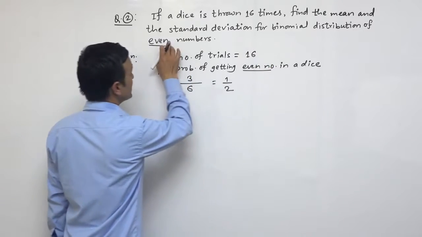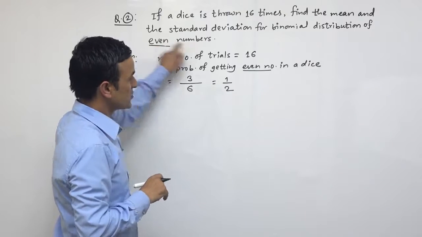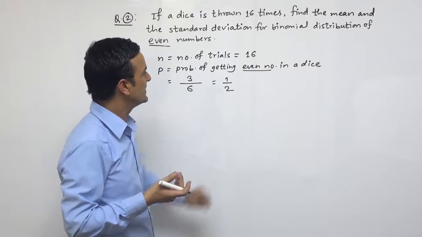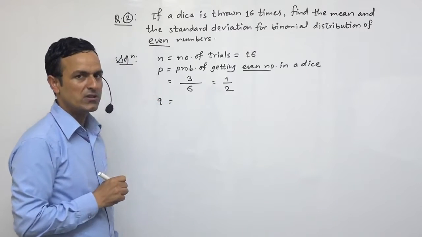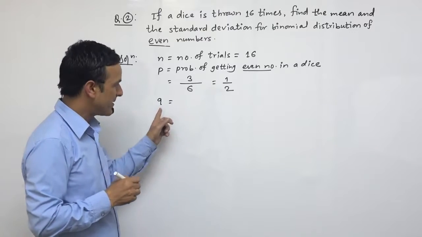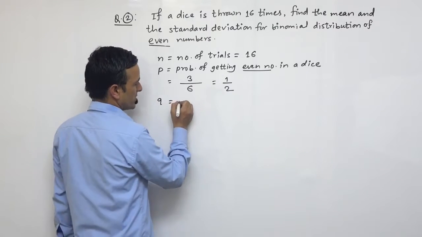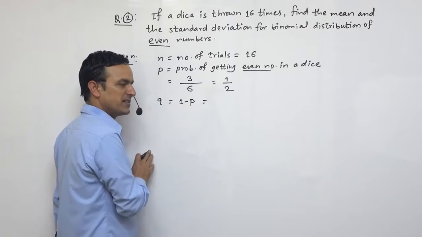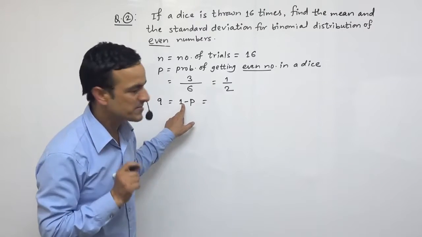Even number means it is the demand of the question, and here it is even. That's why we have to find the probability of getting an even number, and just its opposite, we should also find out the q. So q means what? Probability of getting failure events. It can be found by using this formula 1 minus p, because as you know that p plus q is equal to 1.